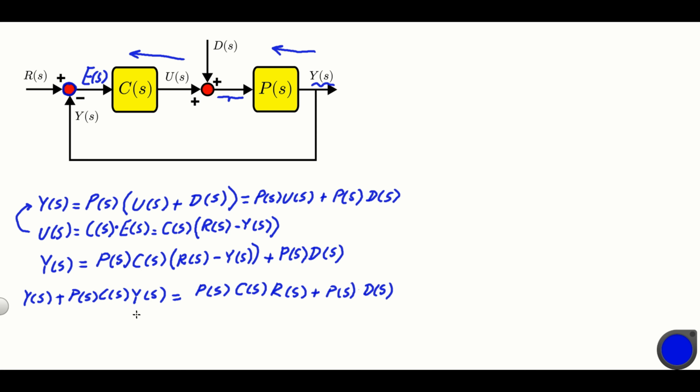And then from this equation, we can obtain our final expression. And the final expression is that Y of S is equal to, let's see what do we have. We have a fraction.